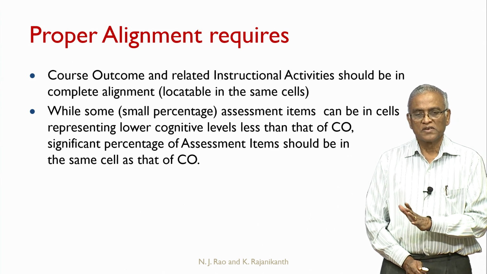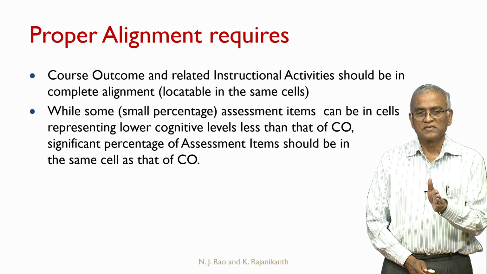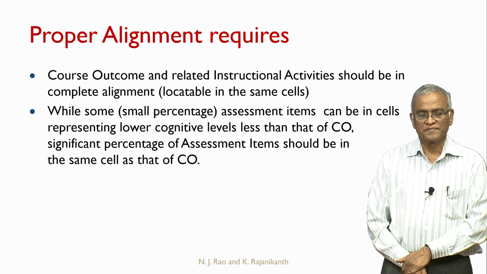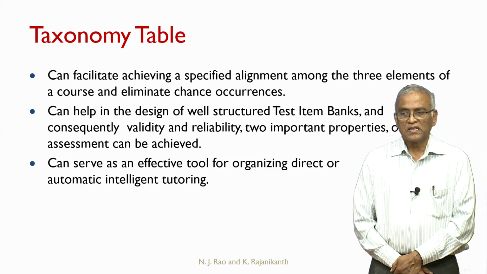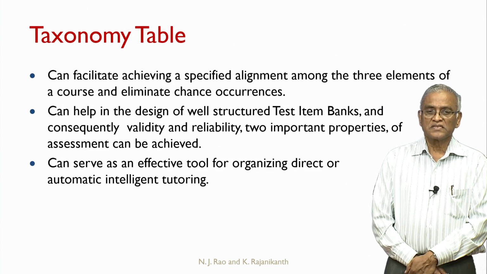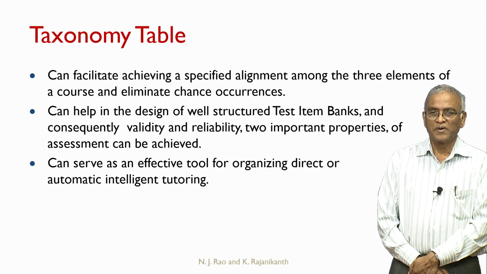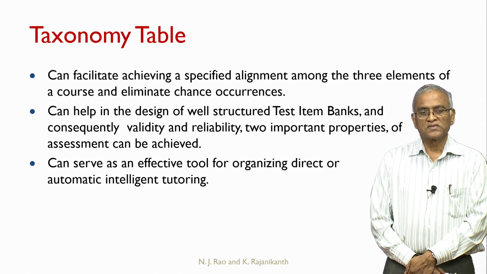Of course, this language may be different from what you are familiar with, but this is related to the alignment issue. So, what can the taxonomy table do? It can facilitate achieving a specified alignment among the 3 elements of a course and eliminate chance occurrences.